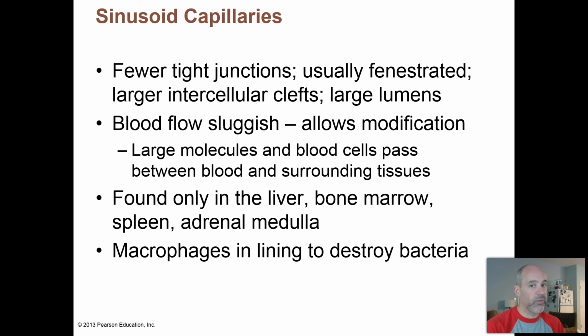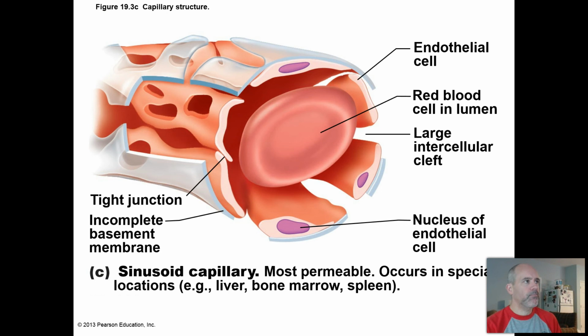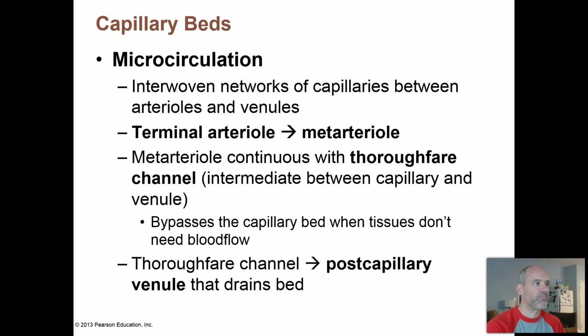And also the macrophages are supposed to ingest and digest your old worn out cells and tissues as well, especially the red blood cells like we were talking about with the liver and the spleen. So here's a sinusoid type capillary. And so you can see how holey the walls are. Big fenestrations, big cracks or intercellular clefts between the cells and the walls of those capillaries.